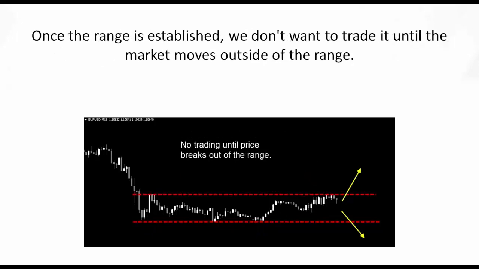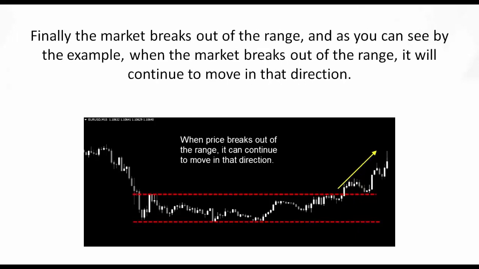Once the range is established, we don't want to trade it until the market moves outside of the range. Again, you're just going to get more of what the market's been doing. So if I've got the range marked out, I'm essentially marking out this is where I don't want to trade until I see that it stops doing what it's doing.